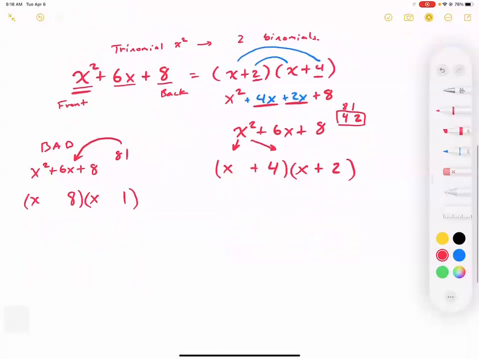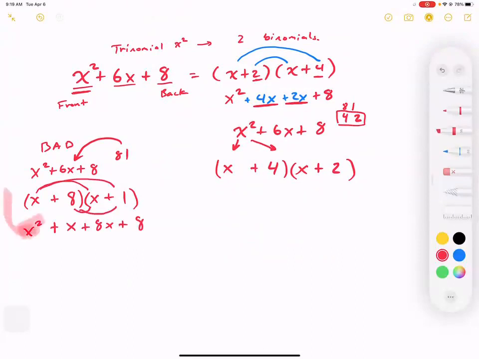It doesn't. Because if I double checked this problem, x and x, of course, is x squared. x and 1 would give us 1x. 8 and x would give us 8x. And 8 times 1 would give us 8. Sure, we might get the front right, that's x squared, and that's 8. But what does 1 and 8 add up to? That's 9. We would end up with x squared plus 9x plus 8.